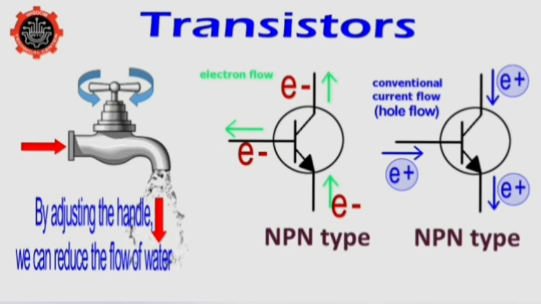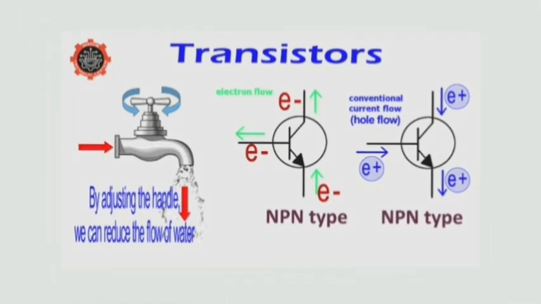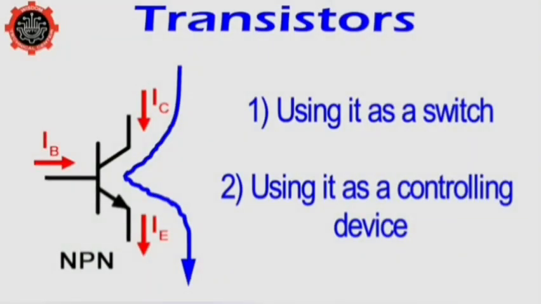Therefore, you can use it to actually control current that's flowing through a device. Whenever you see a transistor in a circuit, you got to think of these two different ways: using it as a switch or using it as a controlling device.